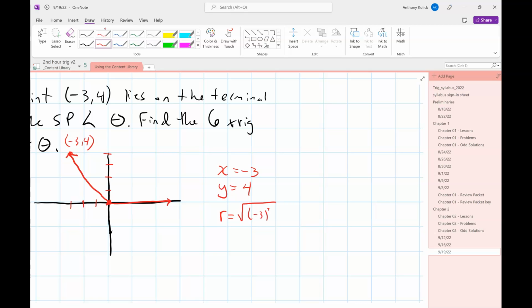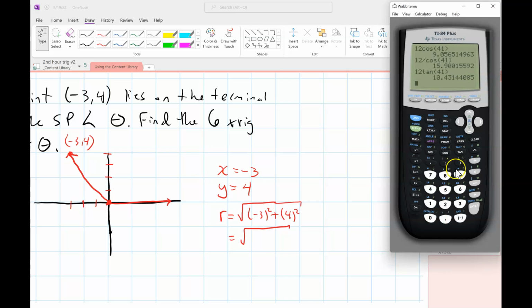R is the square root of x squared plus y squared, all square rooted. Here we have to be a little bit careful about the way you're typing things into your calculator, particularly when you're squaring negatives. So -3 times -3 is +9, right? If I type -3 squared in my calculator, why am I getting -9?